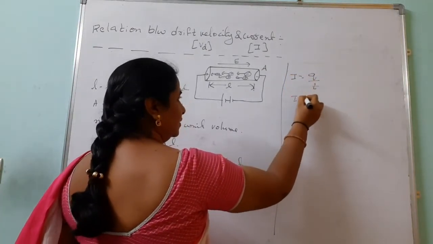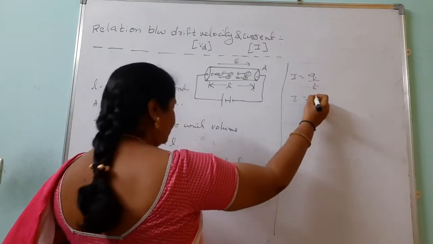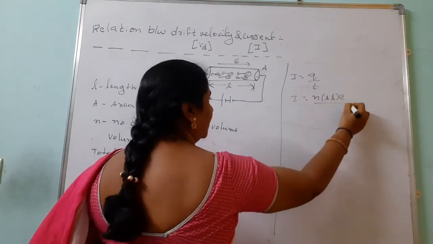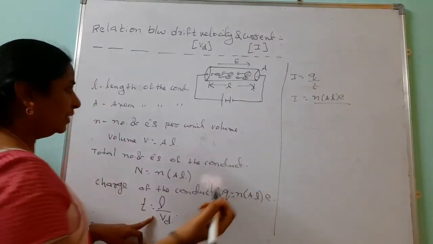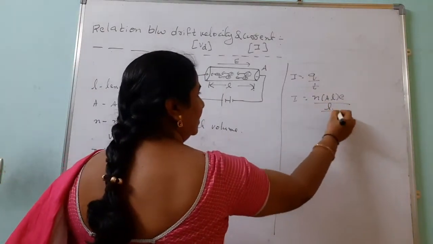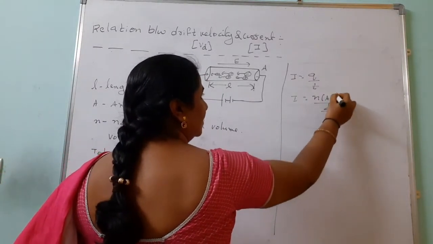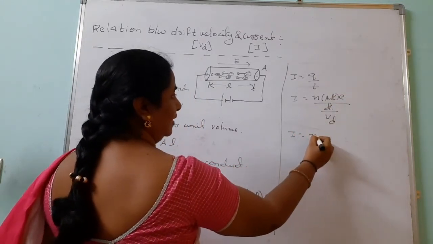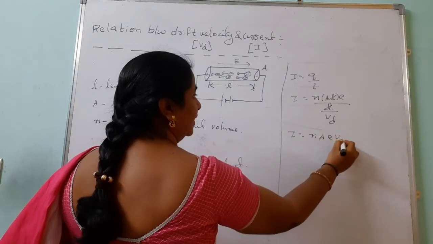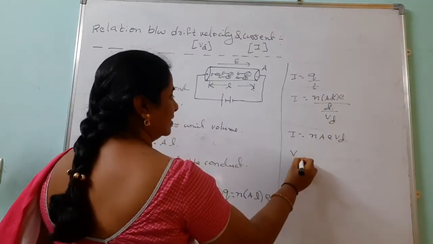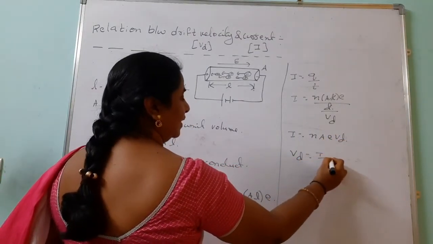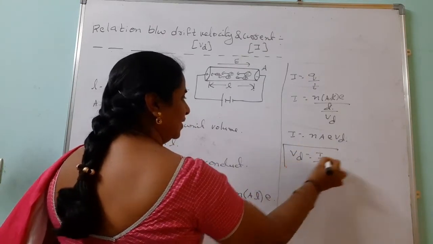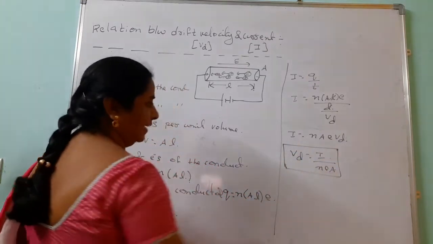So I equals nALe divided by L by Vd. After simplification, I equals nAeVd. From this, drift velocity Vd equals I by neA. This is the relation between drift velocity and current.